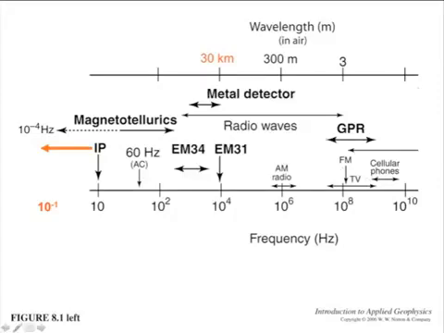For your reference, of course, direct current, DC, is at exactly 0 hertz, which on this log scale is infinitely far to the left, but effectively just off the left side of the scale.